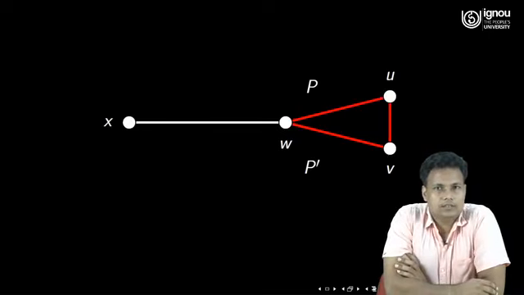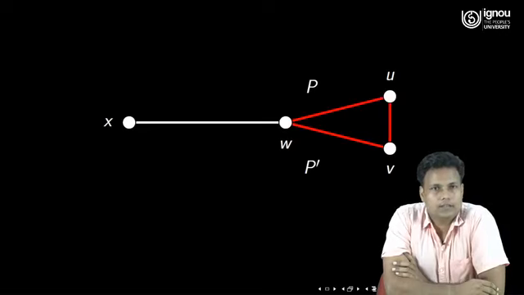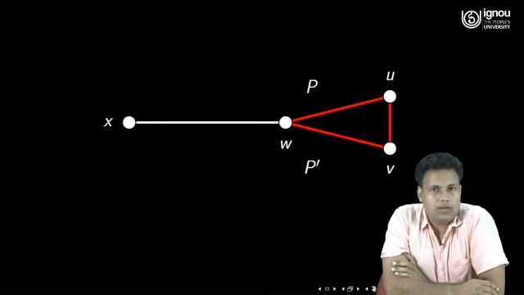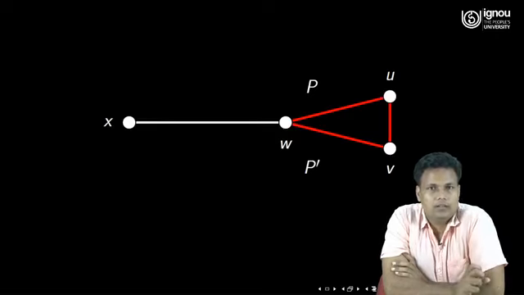Now, look at this geometrical figure. We have this vertex X here and vertex W is farthest from X, right, and P is the path from X to U, which is shown partly in red and partly in white, and P dash is the path from X to W and from W to V, right.